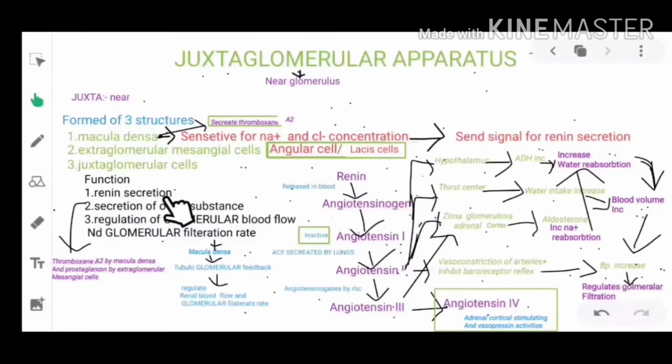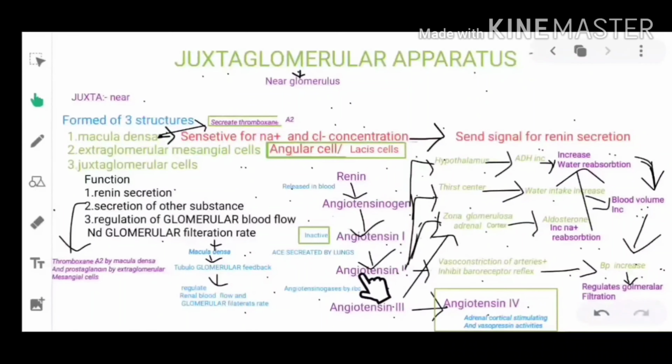Then the first function, renin secretion. What happens when renin is secreted by the juxtaglomerular apparatus? When renin is secreted into the blood, angiotensinogen is converted into angiotensin 1, and angiotensin 1 is inactive. Therefore, ACE is secreted by the lungs and angiotensin 1 is converted into angiotensin 2.